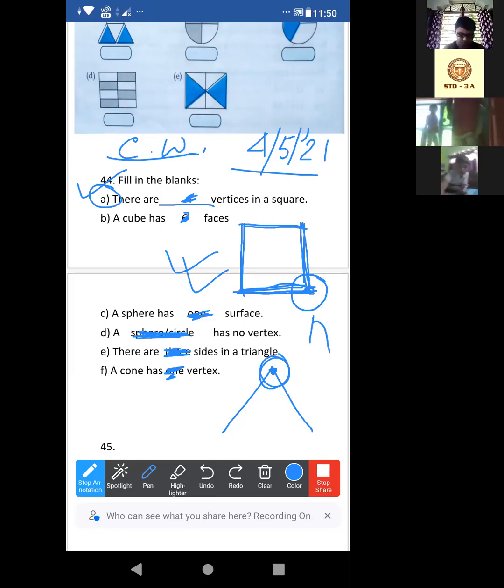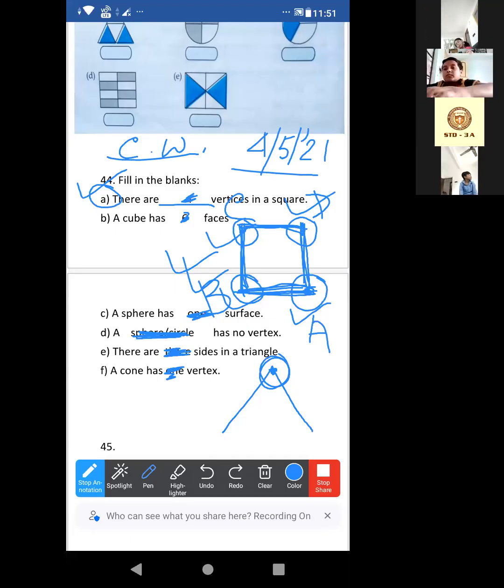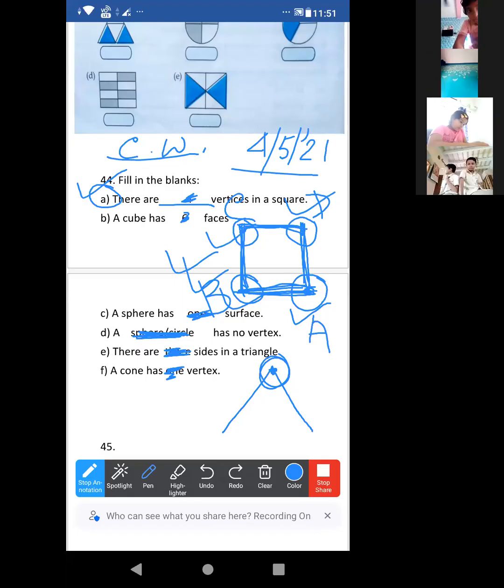Suppose I am giving the name A. Again, these two lines meet at this point, I am giving the name B. This line and this line meet at this point, giving the name C, and this one D. That means how many vertices are there? 4, right? A, B, C and D. If you have understood, then just shake your heads if yes.